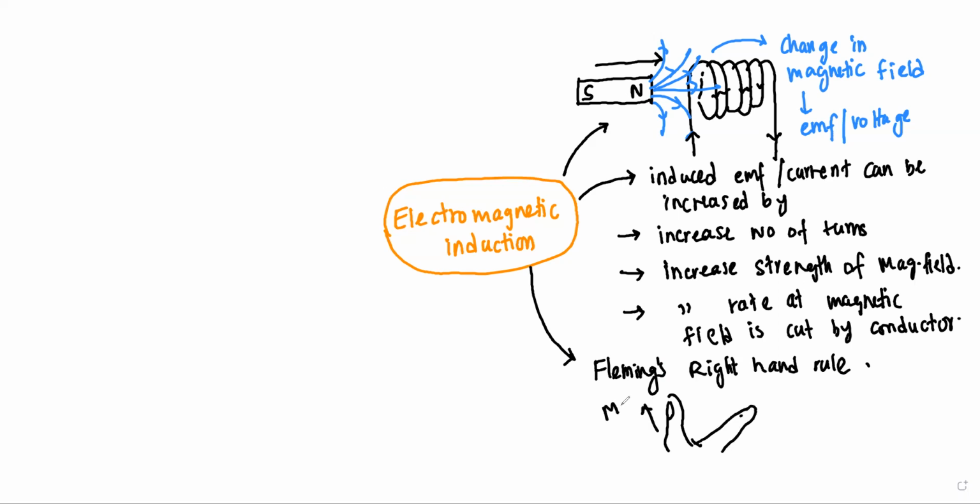The first finger shows, as usual, the magnetic field direction, so that the induced current direction is given by the second finger.